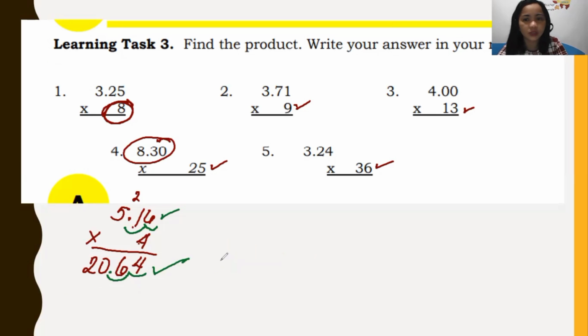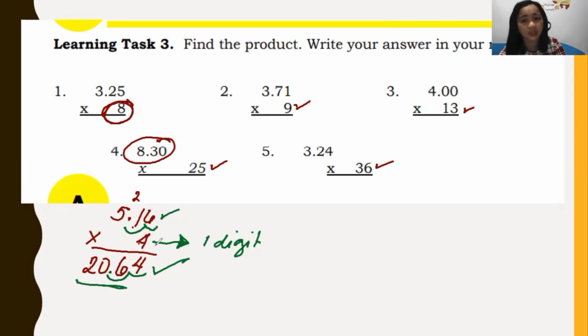Alright. So as you can see, wala tayong partial product dito. Bakit? Kasi ang ating multiplier ay 1 digit lamang. So 1 digit lang ang multiplier natin, kaya tayo walang partial product.